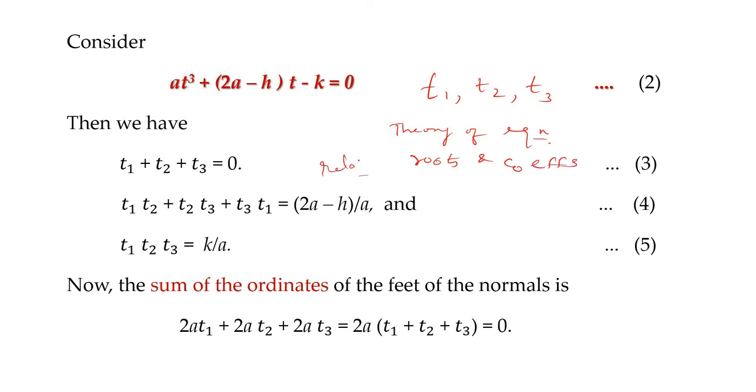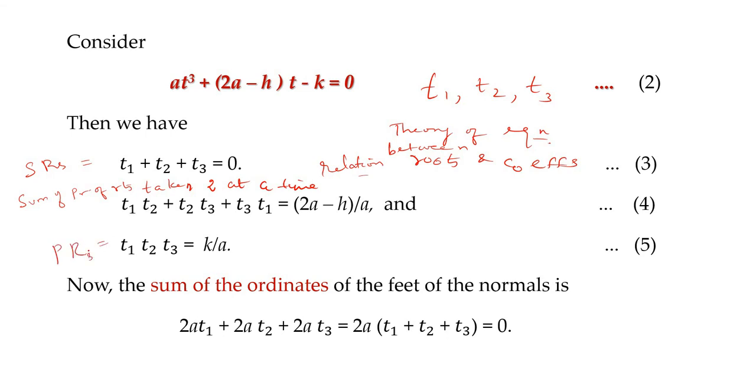Using that, we have these 3 equations. This is the sum of the roots, this is the sum of the product of the roots taken 2 at a time, and this is the product of the roots.